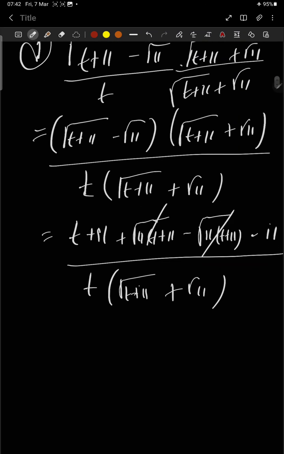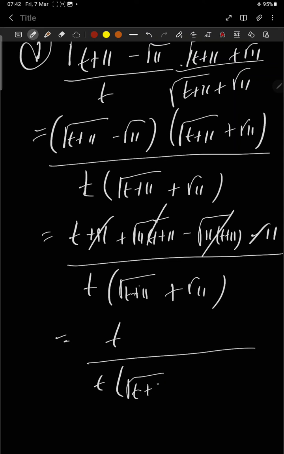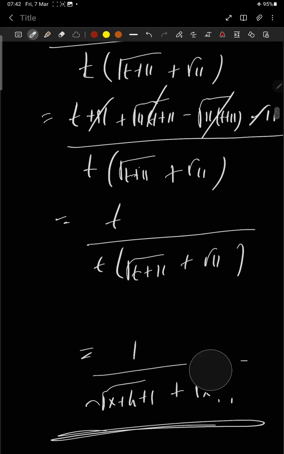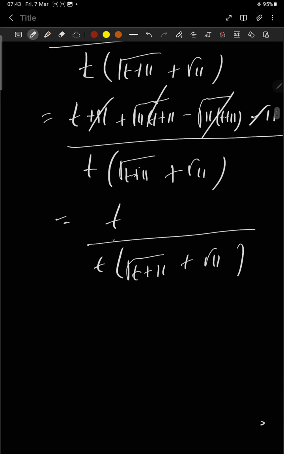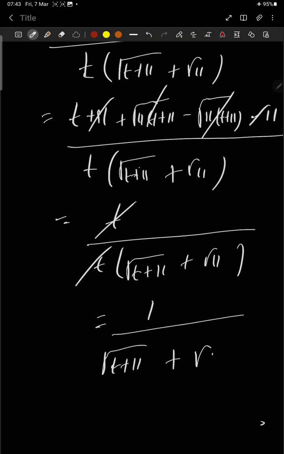So notice the 11 will cancel, I'll remain with t over t square root of t plus 11 plus the square root of 11. So much that this will cancel, I'll remain with 1 over square root of t plus 11 plus the square root of 11. And this is your answer.